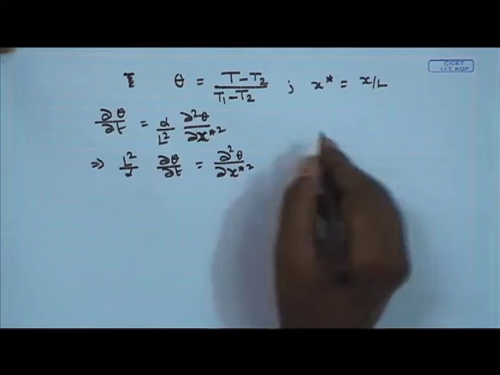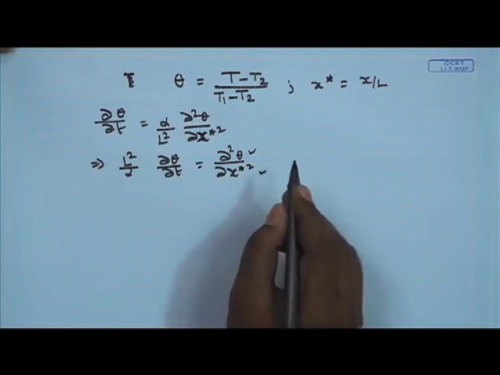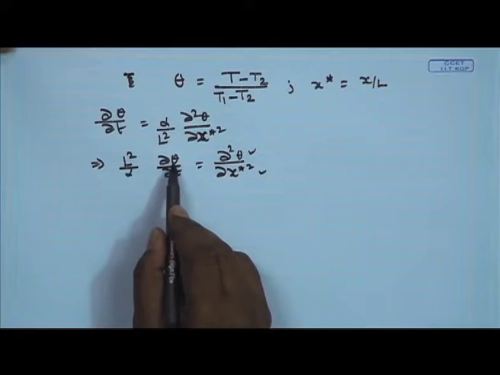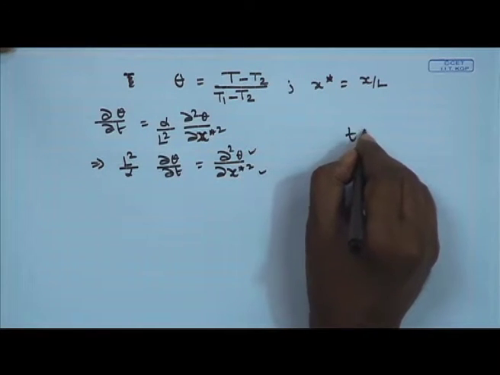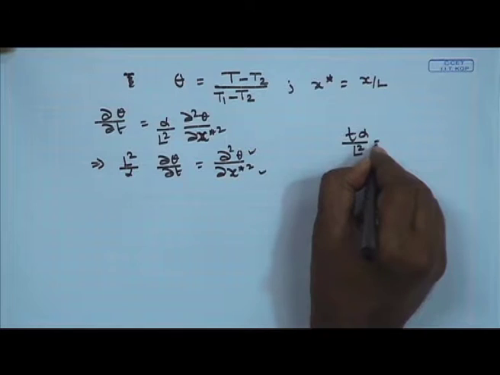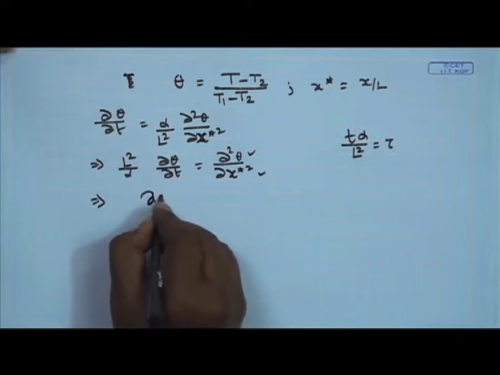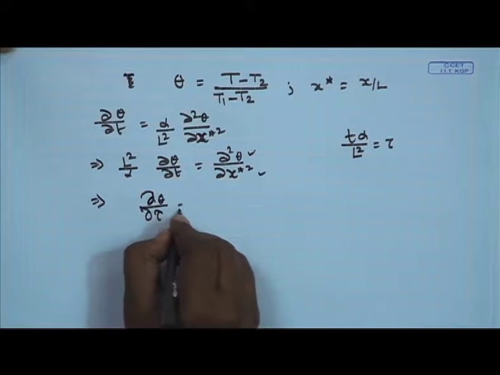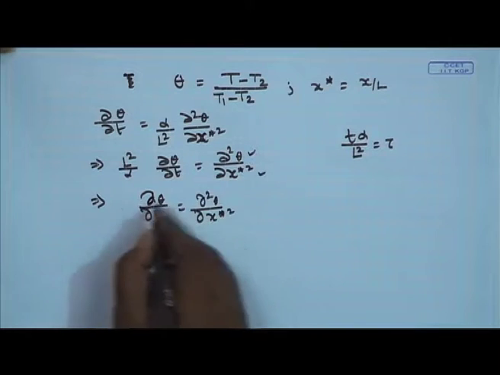The right hand side is completely non-dimensional, both numerator and denominator. On the left hand side, the numerator is non-dimensional, but the denominator is not. Therefore, t alpha by L square is my non-dimensional time. So I write this as del theta del tau is equal to del square theta del x star square.